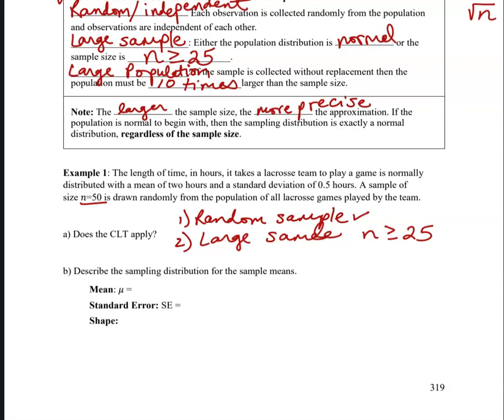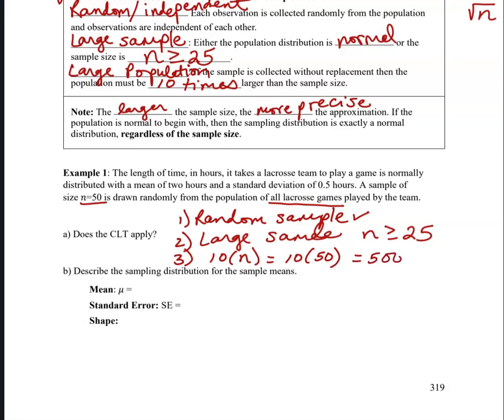The only condition that might be a little bit suspect is the population. Is the population at least 10 times the sample size? I guess it depends on what we define as the population. For all lacrosse games played by a team, 10 times the sample size would be 10 times 50, which would be 500.